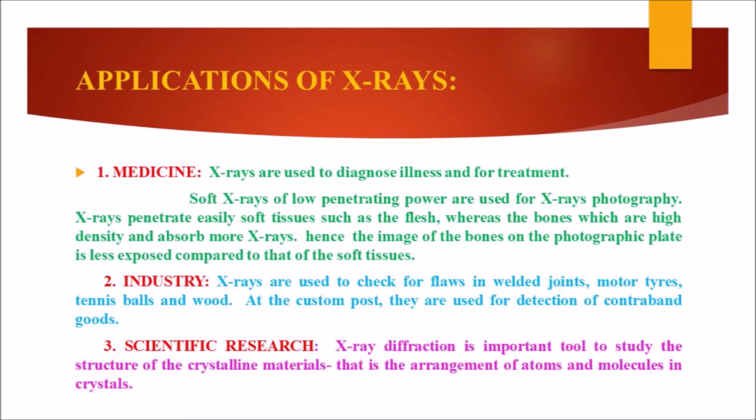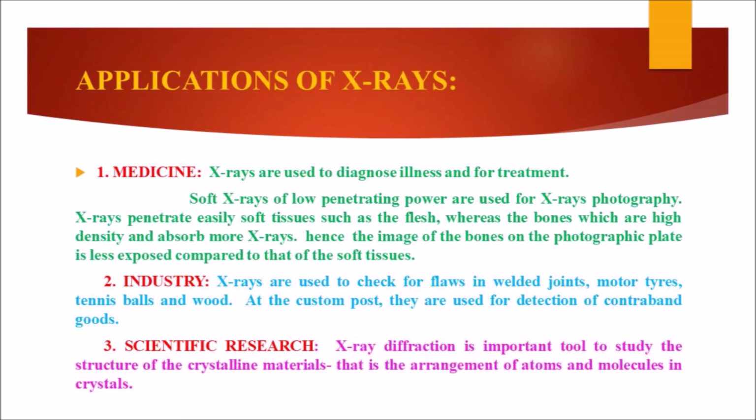Hence the image of the bones on the photographic plate is less exposed compared to that of the soft tissues. In industry, X-rays are used to check for flaws in welded joints, motor tires, tennis balls, and wood. At the customs post, they are used for detection of contraband goods.